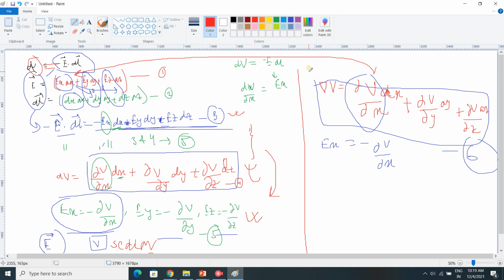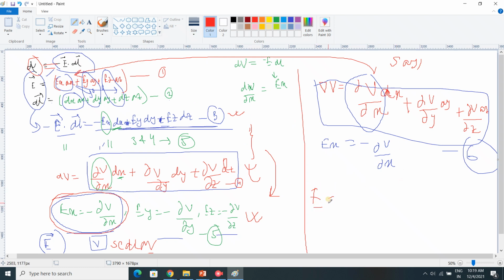So let me show you in a broader way. Say the gradient of v is this. We all know if we want to find the gradient of a scalar v, then we represent it in this way. Now I am imagining that if ∂v/∂x is equal to Ex, if they are equal, then I can replace this entire equation number 6 into equation number 1.